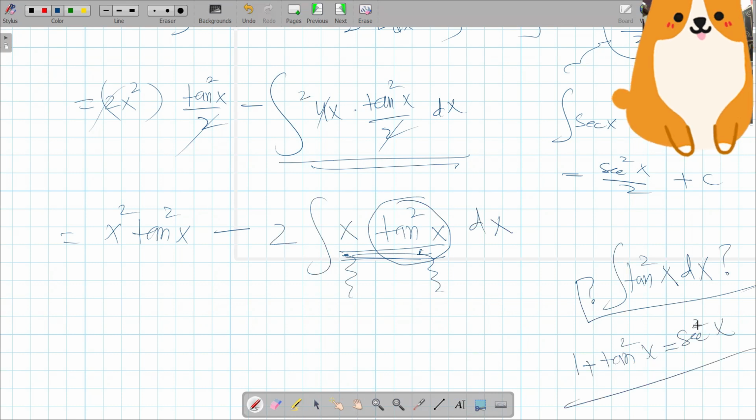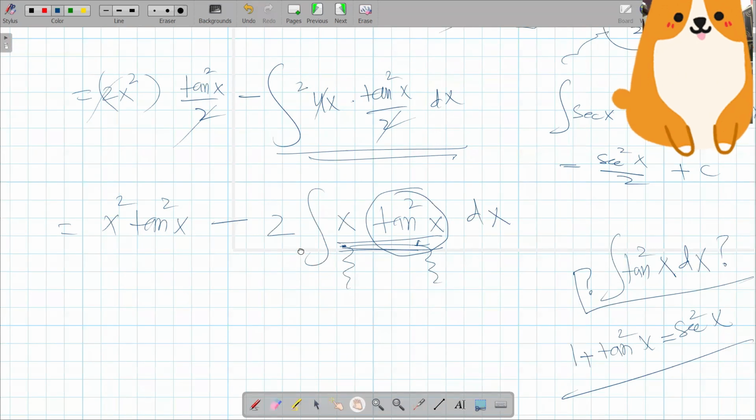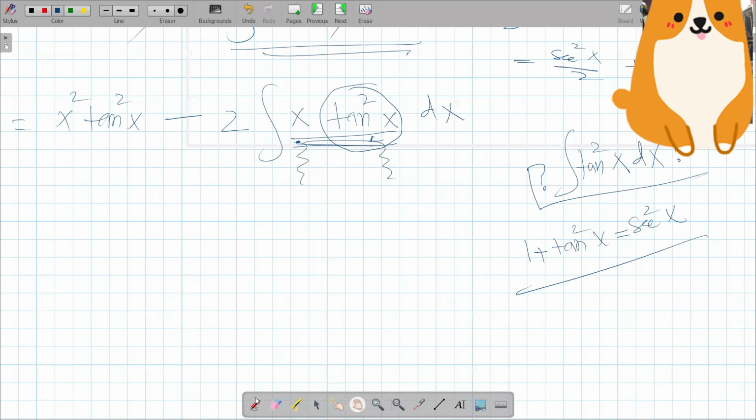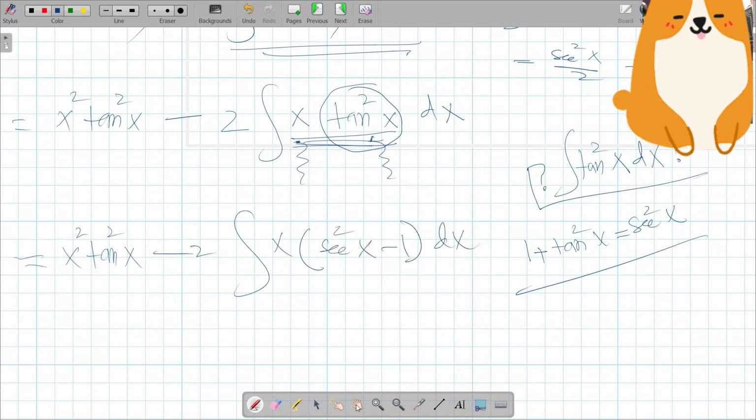We will use this identity and put tan squared equal to sec squared minus 1. Then we are done. So let's change it in terms of sec squared x. So tan squared x is equal to sec squared x minus 1, right?